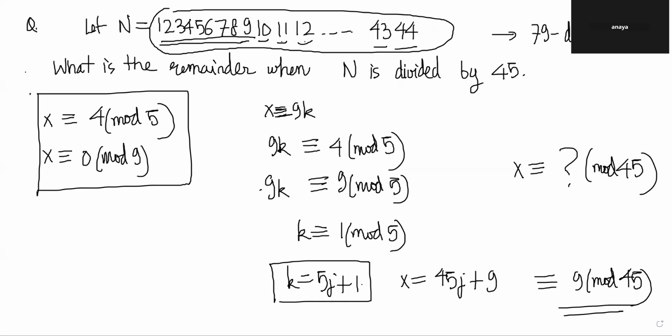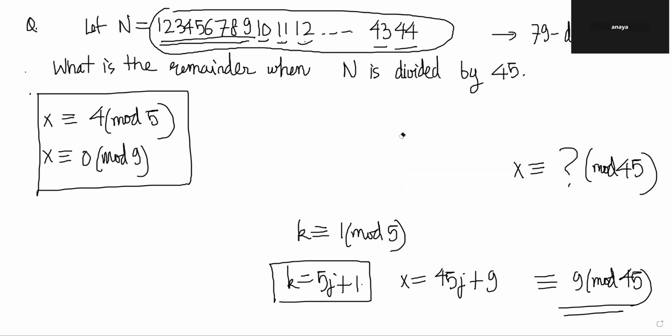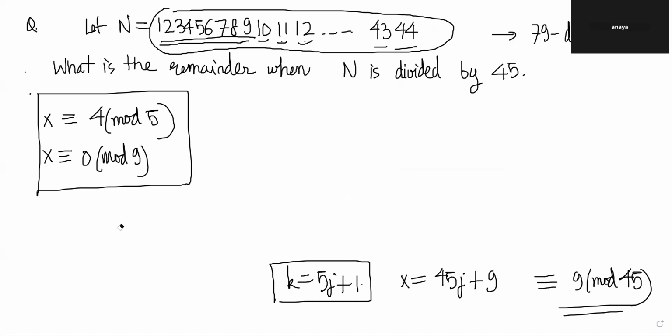But now we'll also do it by the second method that we learned, the algorithm. So these two are our A1 and A2, right? Yes. Our capital N is clearly 45. The second step was to find Y1 and Y2. Y1 is 9 and Y2 is 5, right? Right.